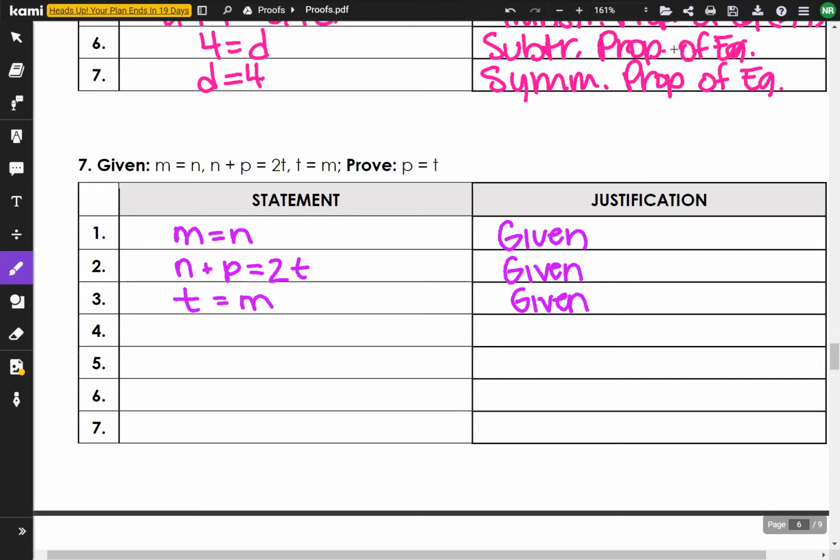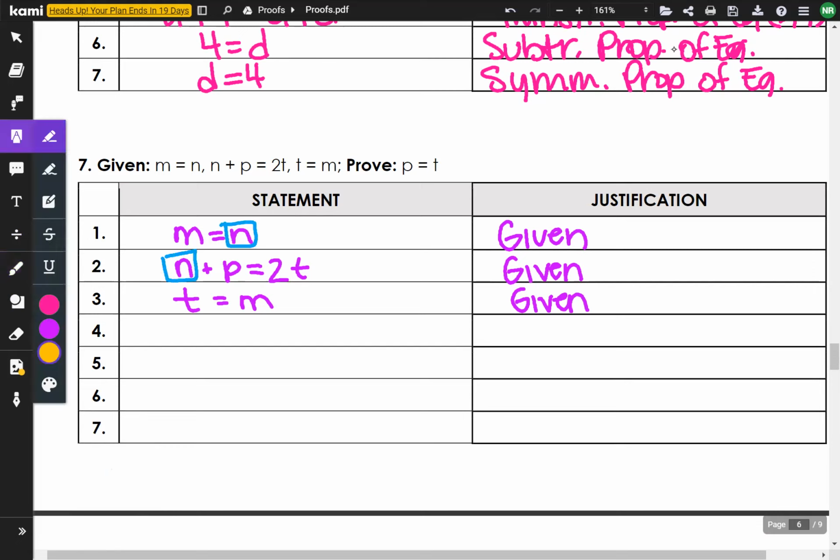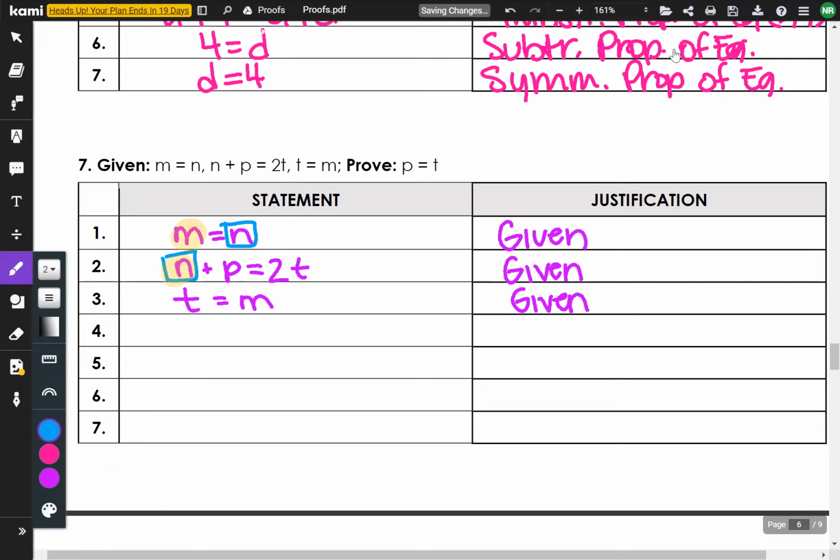What you combine may be something somebody else will combine something different. There is a wrong answer, but there's multiple answers. Let's just say I combine 1 and 2. 1 and 2? Okay. So 1 and 2 have what in common? The N. Meaning since M is equal to N, I can put an M anywhere I see N. They are the same thing, right?